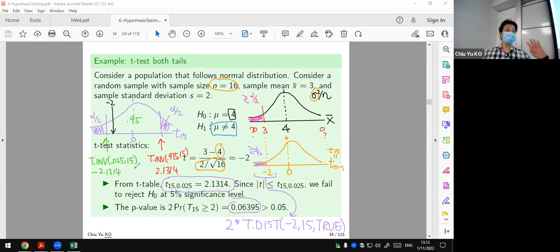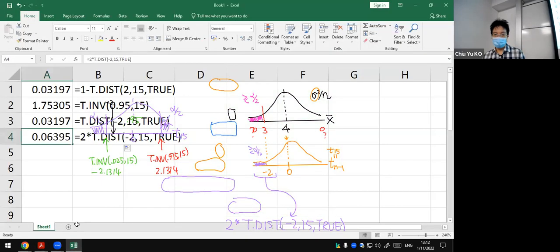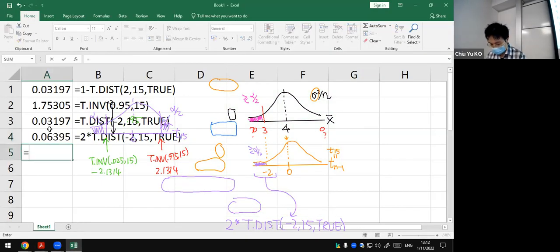Is there any question? So I showed Excel because it looks like you're not very happy with Excel. T.INV, 0.025, which is the left critical value.